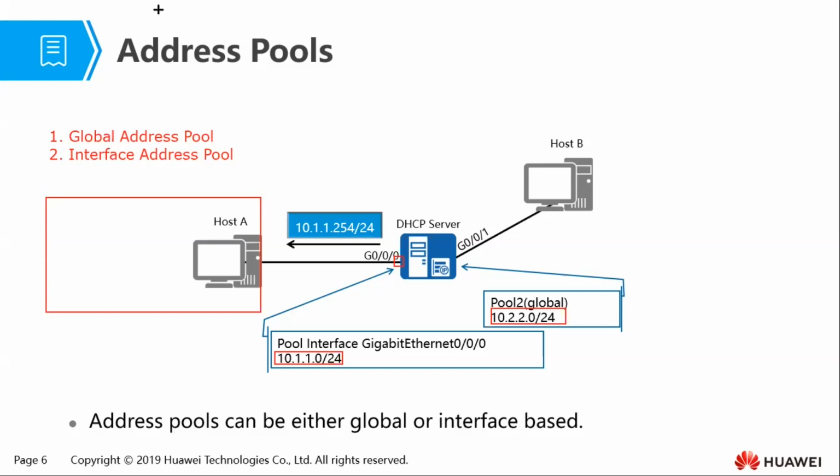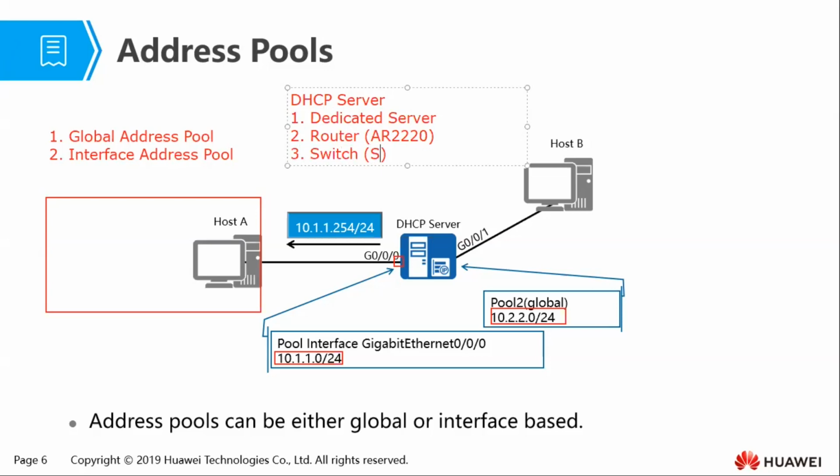Now, when you talk of a DHCP server, it might be a dedicated server, but it can also be your router. So for example, in Huawei, the AR2220 routers can also act as a DHCP server, and it can also be a switch.